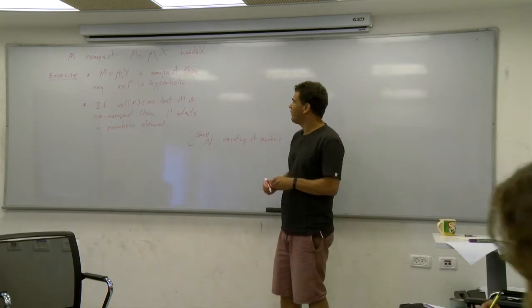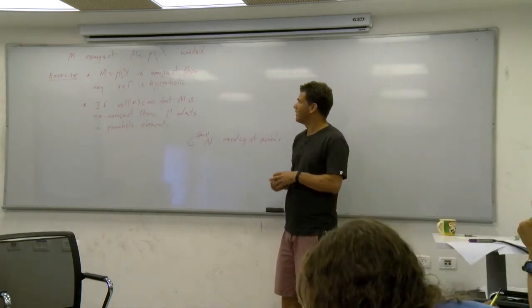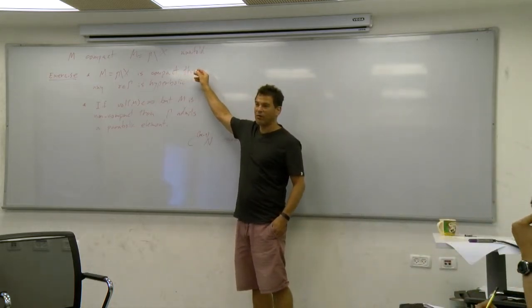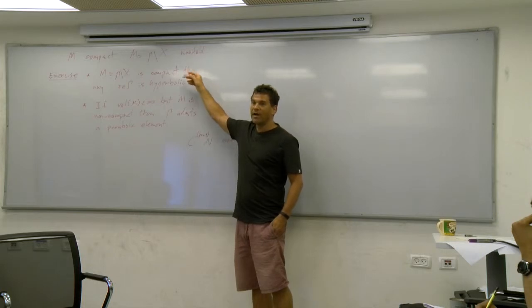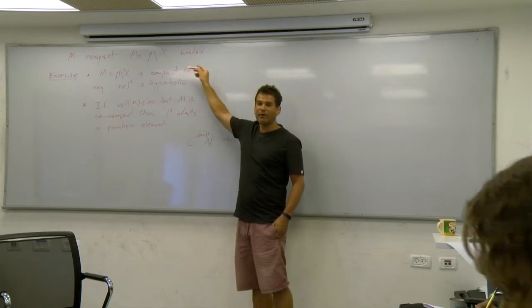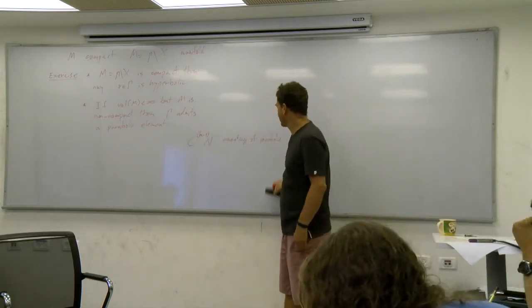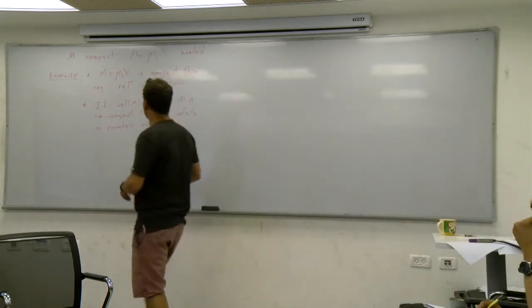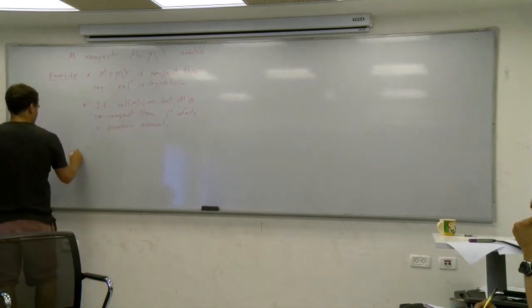So the corollary is that if the manifold that we consider is compact, then any nilpotent subgroup of gamma is actually commutative. So that's the corollary of this.